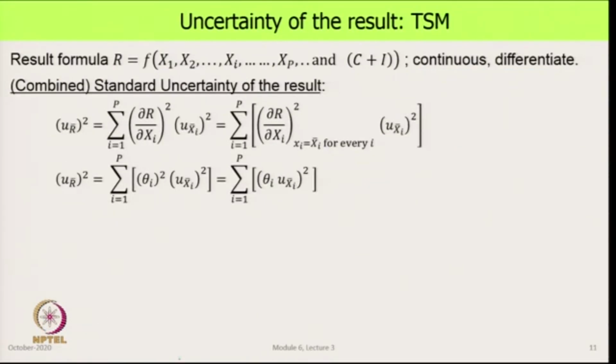So, now we come to the final expressions. What is the Taylor series method expression for uncertainty of a result? And using what we had in the previous lecture and what we have just seen, we can say that the combined standard uncertainty of the result, which is u r bar, we express this in terms of u x I bar, the combined standard uncertainty in each parameter.